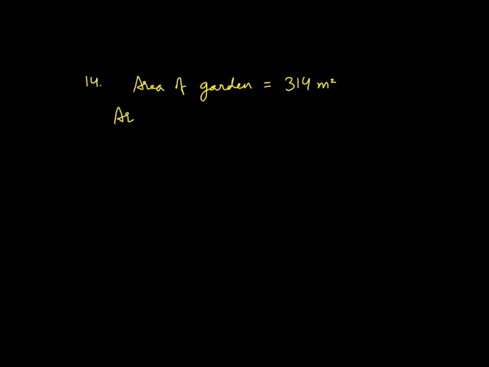So we now will find the area covered by the sprinkler, which will be equal to pi into r square. R is given as 12. So this is pi into 144.